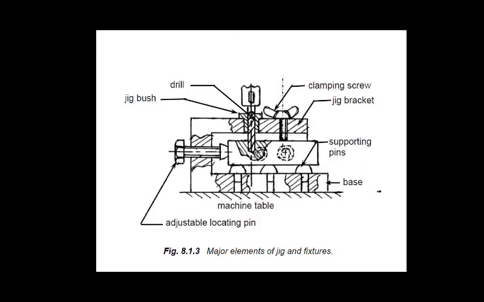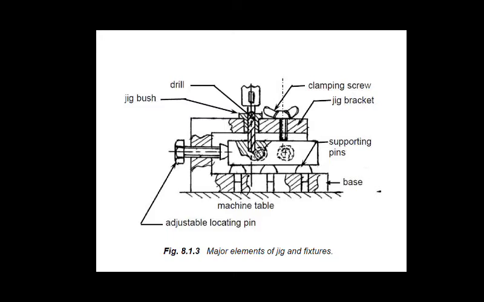After that there are three elements: locating devices, clamping devices, and tool guides, that is, the jig bushing. We will see the locating devices and clamping devices in our upcoming videos.